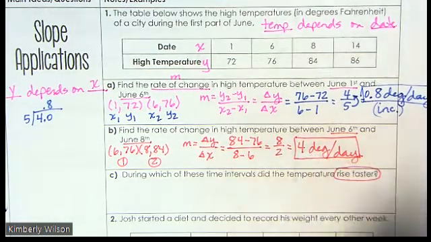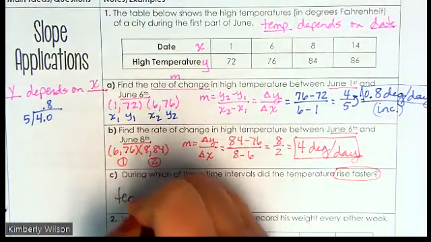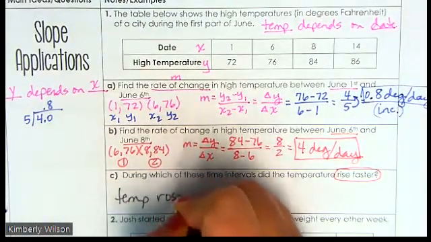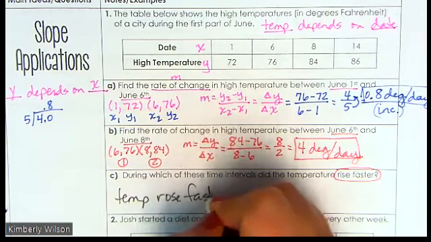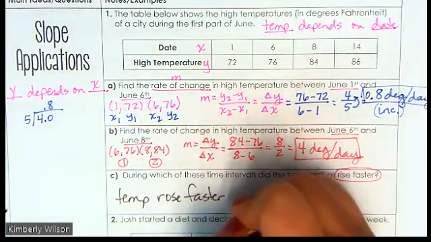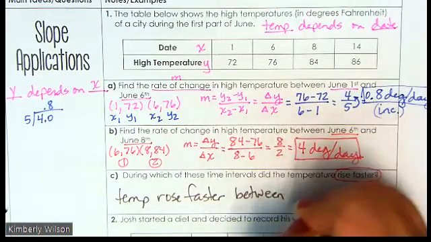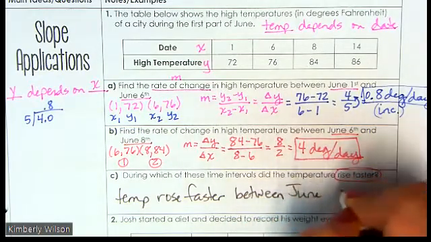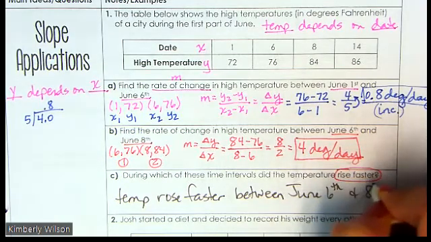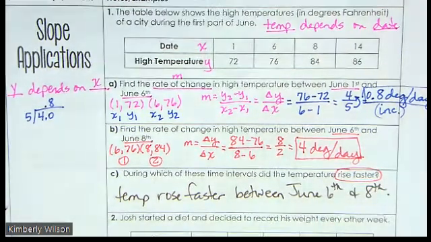So therefore, we would say temp rose faster between June 6th and 8th. Your answer is not a number, it is a description of what happened. Okay, next example.